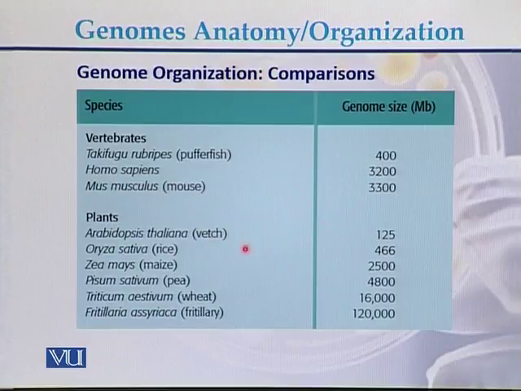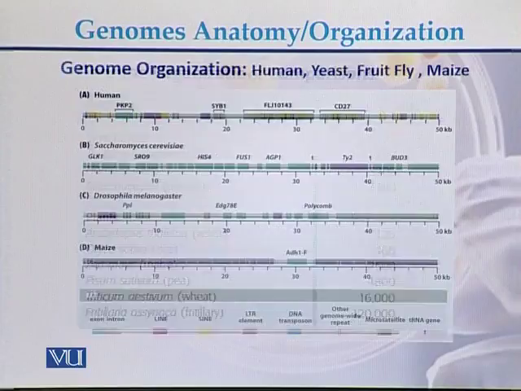In case of plants, we can see different plant species, like here Oryza sativa, also called rice, then Zea mays, which is called maize or corn, then pea, and the size of their genomes, 466, 2500, and 4800 MB respectively.